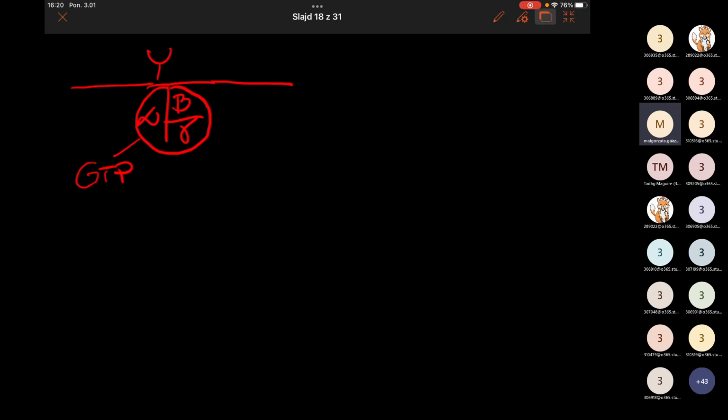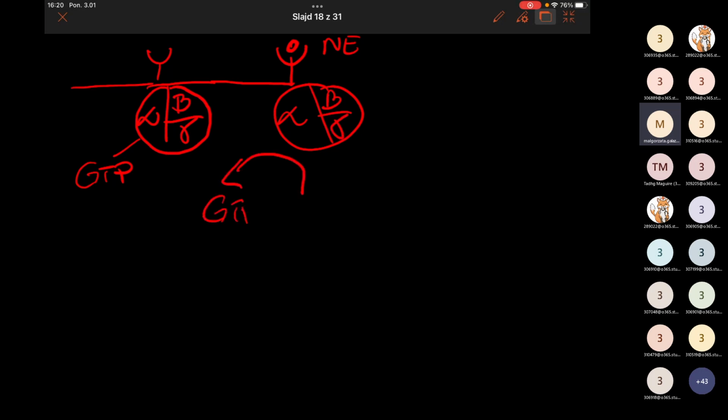Once the neurotransmitter or neurohormone binds to the receptor, in case of the sympathetic nervous system it is norepinephrine. Once norepinephrine binds to the receptor, the GDP molecule is replaced by GTP. Sorry, I said it the opposite way.